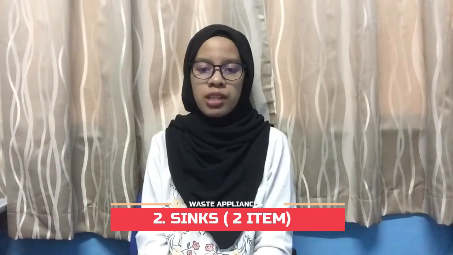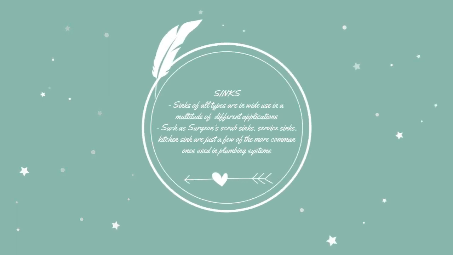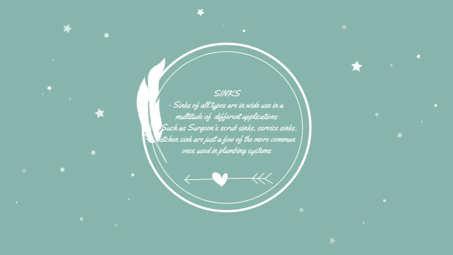The second example of waste appliance in this building is the sink. Sinks of all types are widely used in a multitude of different applications, such as surgeon scrub sinks, service sinks, laboratory sinks, bar sinks, and kitchen sinks, which are just a few of the more common ones used in plumbing systems. Sinks can be made of porcelain, stainless steel, plastic, fiberglass, or any other non-porous material.